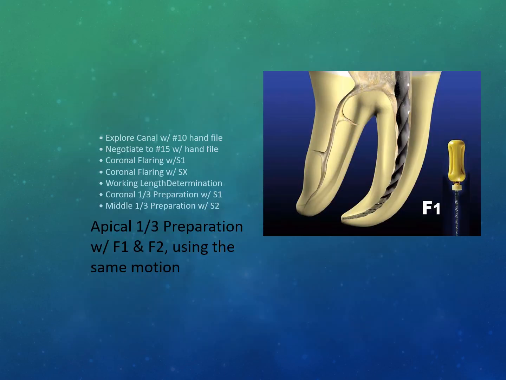Then after S1, S2, you proceed with F1. As we discussed, F1 is mainly used for apical preparation. SX, S1 for coronal preparation. S2 for middle third. F1, F2, F3, F4, F5, all files are for apical preparation. So F1 now you are using till the working length for apical preparation.